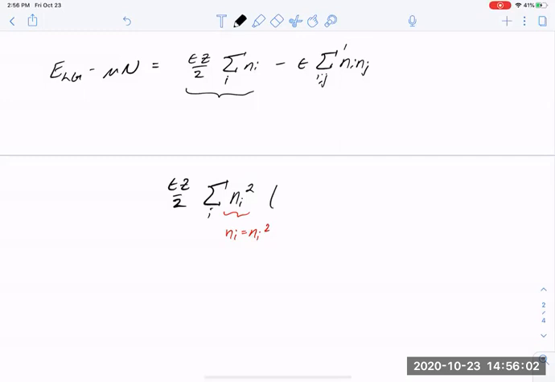I can also introduce a sum over j in the nearest neighbors of i times 1. So it's just a number of terms in that sum that I've just multiplied by. If I divide by the number of terms in that sum, which is z by 2, then I've just multiplied by 1 in a very complicated way.